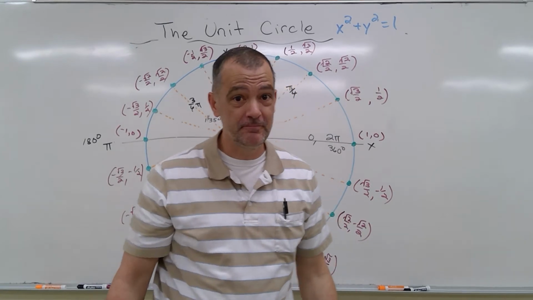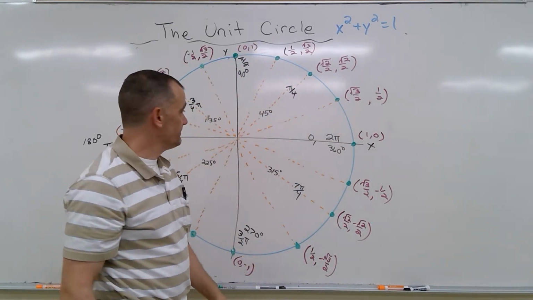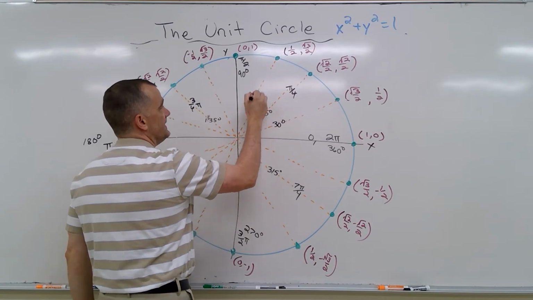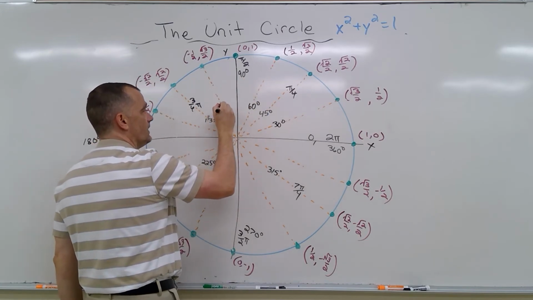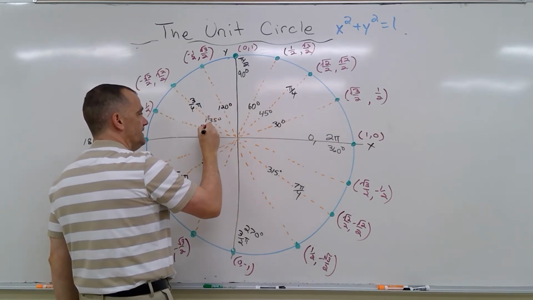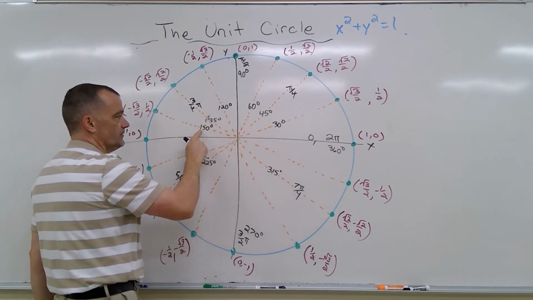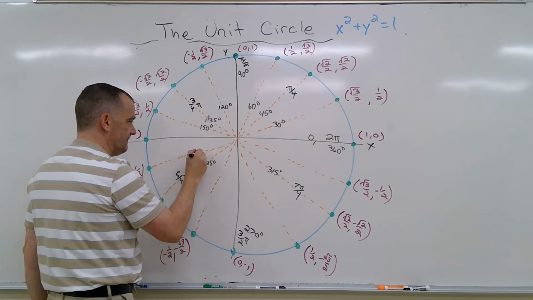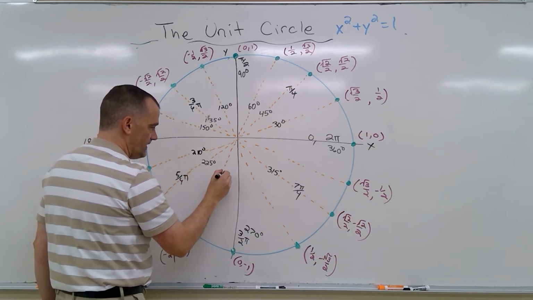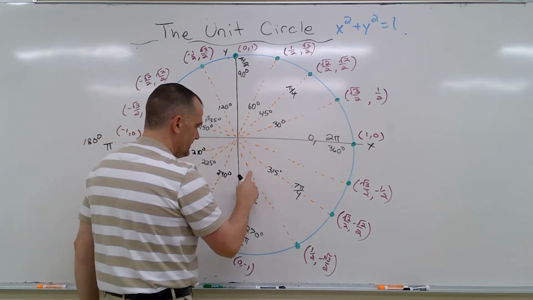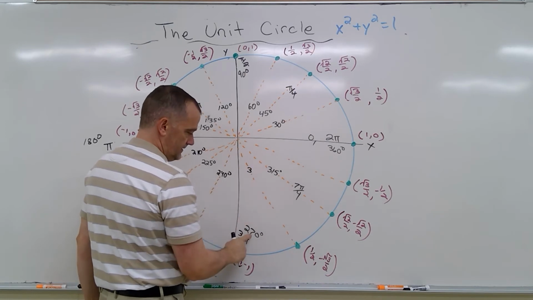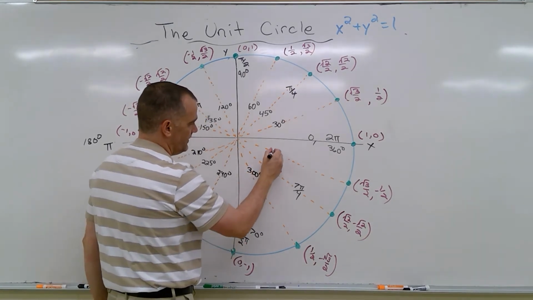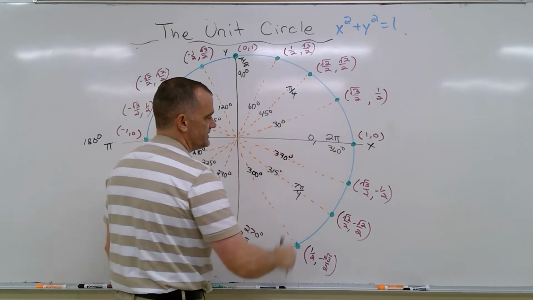It's that simple. Let's do the 30 degrees. So this is 30 degrees, 30, 60, 90, 120, 150. I'm increasing by multiples of 30 degrees: 180, 210, 240, 270, 300, 330, 360.